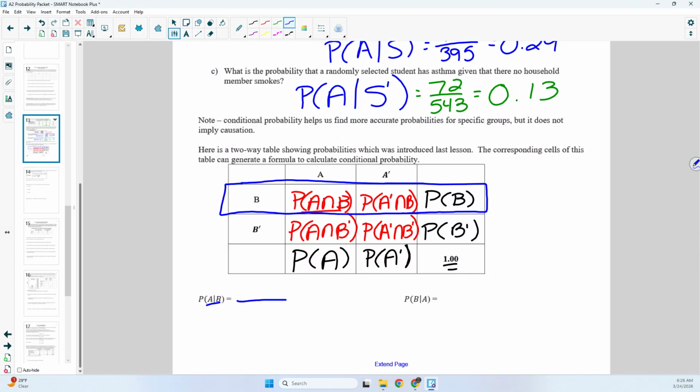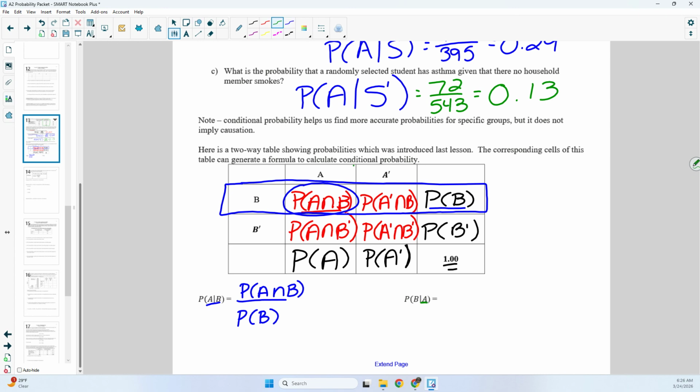My total, the number I put on the bottom, would be P of B, because that's the total in this column. And the number I would use for A would be this one. So the conditional probability formula can be found by dividing the probability of A and B by just the probability of B.